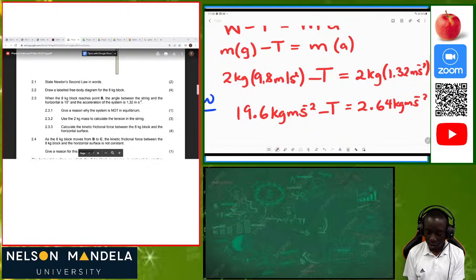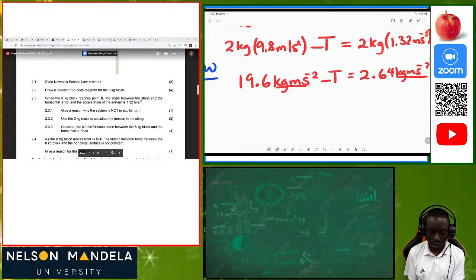Take note that the kg meter per second squared is mass times acceleration, a unit equivalent to the Newton. So we'll use Newtons in place of these SI units. Making T the subject, we have 19.6 newtons minus 2.64 newtons equals T.